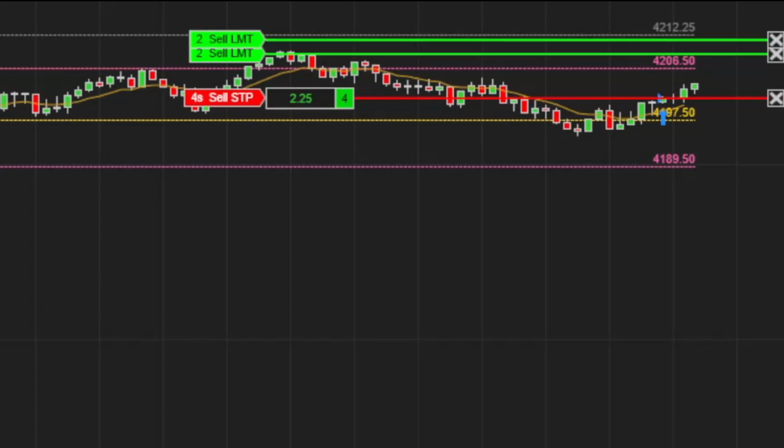I'm sorry, before the open, CPI was an hour before the open. So now we have the trade. It's up about 2.75 points and it's working, and I'm just waiting.